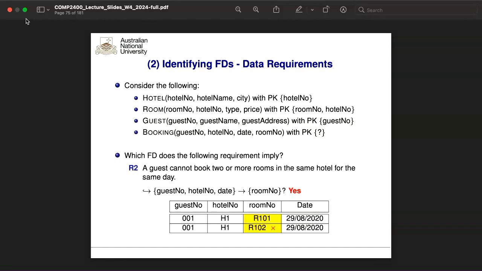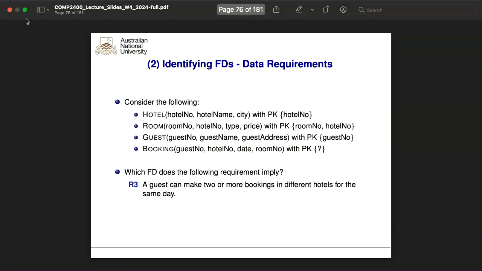Any questions? Okay, let's move on to the next one. A guest can make 2 or more bookings in different hotels for the same day.